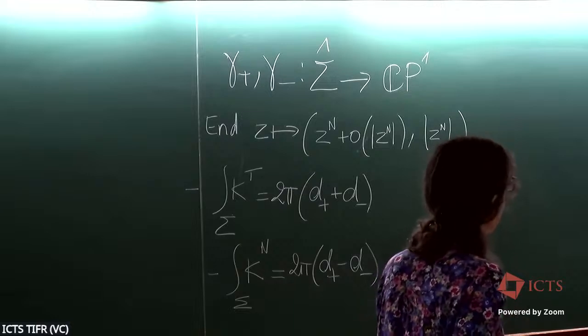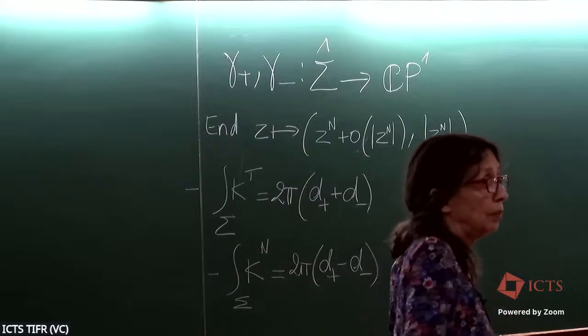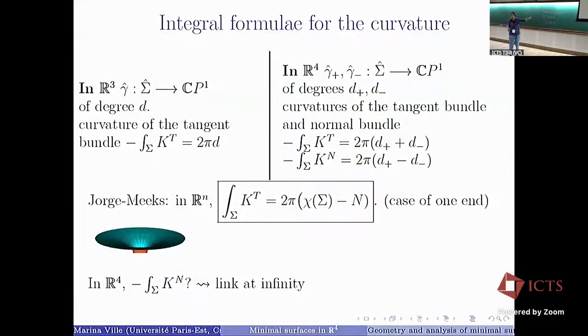So now I've defined these degrees in terms of the Gauss maps, and now we can interpret these degrees in terms of the topology of the surface. This is not just in R^3 or R^4, it's general in any R^n.